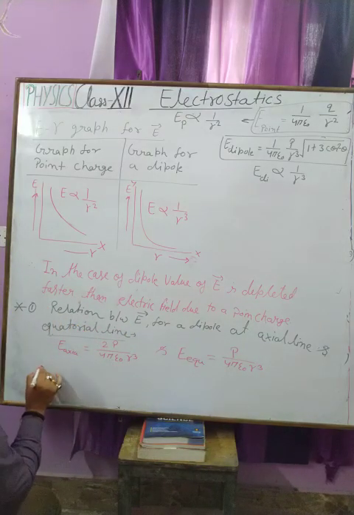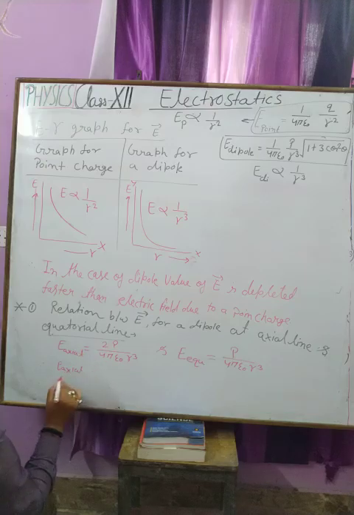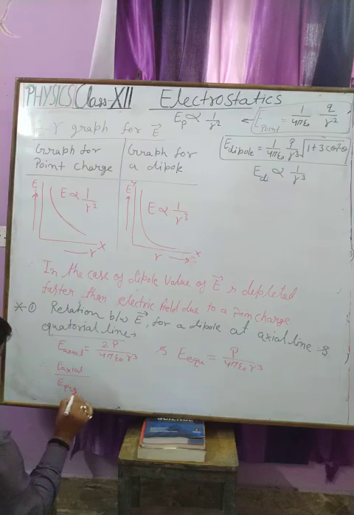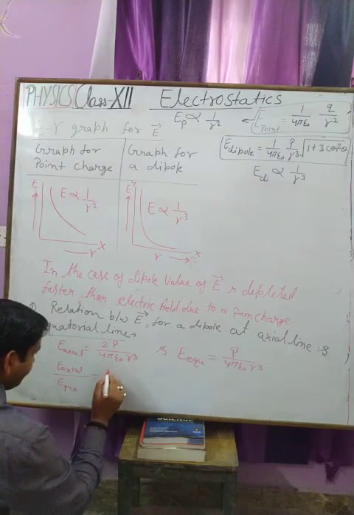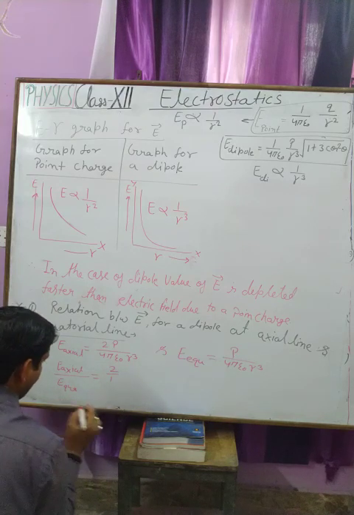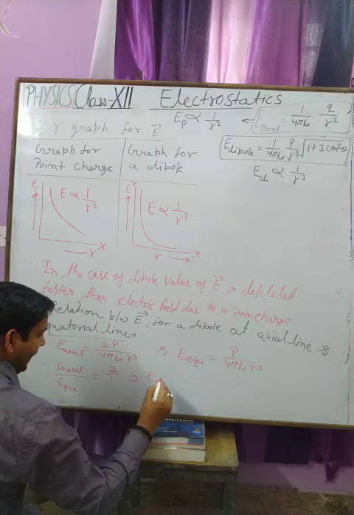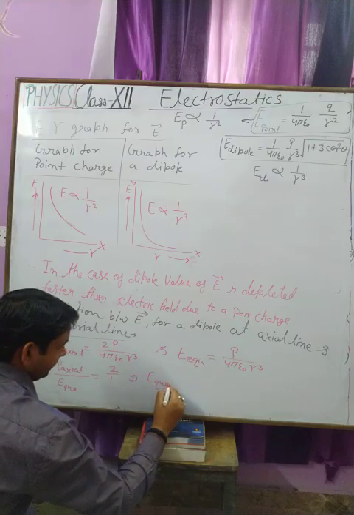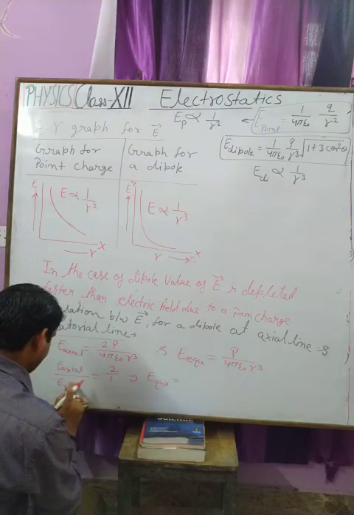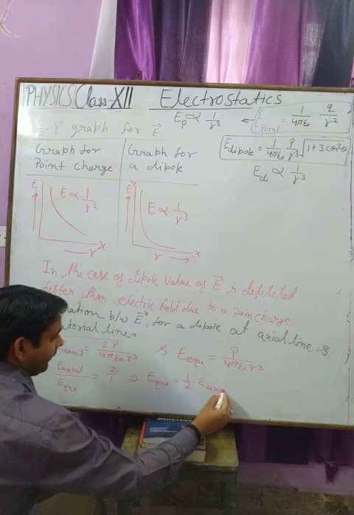So student, by dividing the electric field at axial and the electric field at equatorial, we get 2 upon 1. So from here the value of electric field at equatorial is equal to 1 by 2 of the electric field at axial.